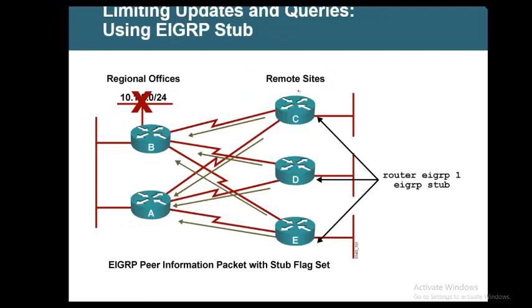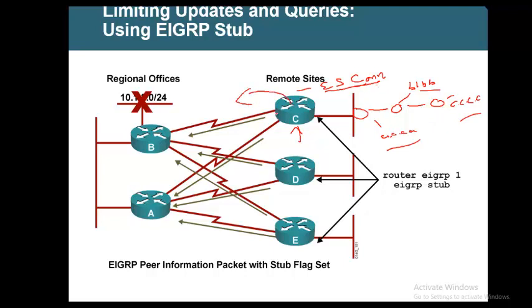If I configure this router as EIGRP stub connected, this C might have learned a lot of networks, let's say networks AAA, BBB, CCC. Now C has got routes to reach AAA, BBB, CCC. But as soon as you configure EIGRP stub connected, C will stop advertising about AAA, BBB, CCC.